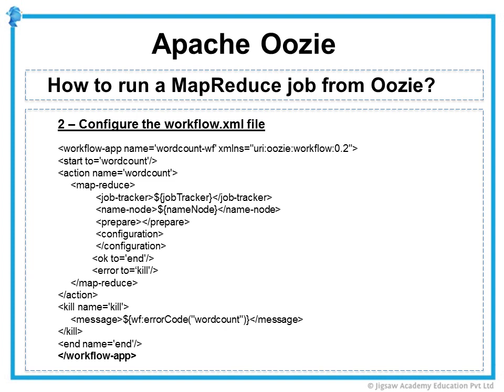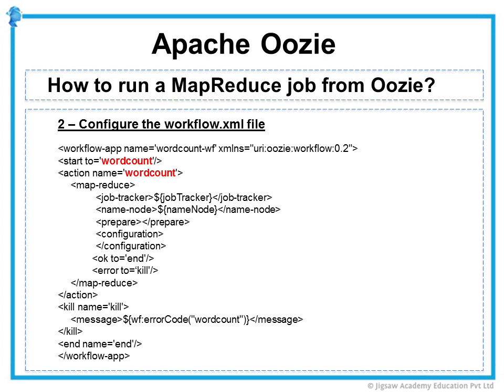So to summarize, we basically configured the basic control nodes, which are the start, end, and kill. Then we configured the action node, and within the action node, we configured the required parameters and the applicable properties. So you can easily make out the flow. First, the workflow starts at the start node, and it notes that it is pointing to an action called word count.